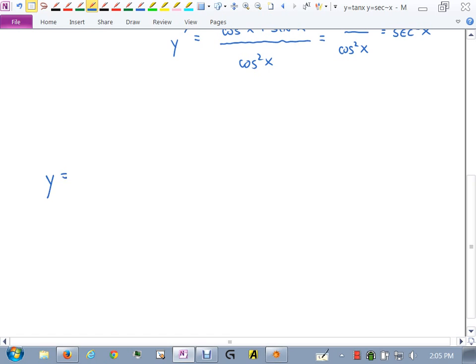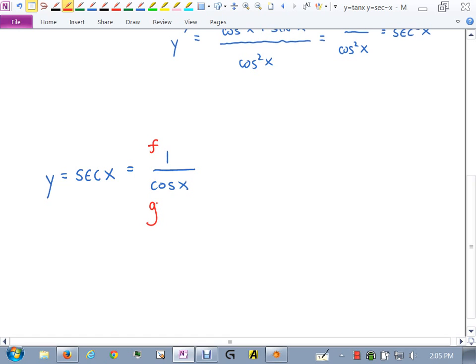If I want to show the derivative of secant x, I would turn it into 1 over cosine x, and the top would be f, and the bottom would be g. Question, what's f prime? 0, right? So it'd be f prime g minus g prime f all over g squared, then you'd simplify, and at the end you'd get secant x tangent x.